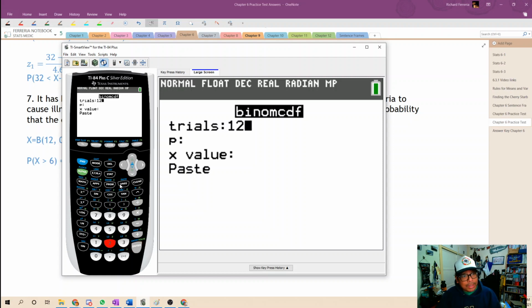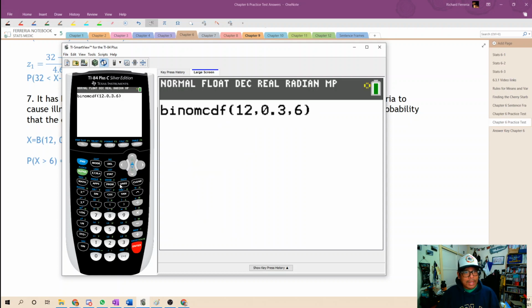So we know that this is a 12 and 0.3 binomial distribution, and we want to know less than or equal to 6. And that's going to give me this right here, the probability that x is less than or equal to 6. So for my problem, I need to do the complement of that.